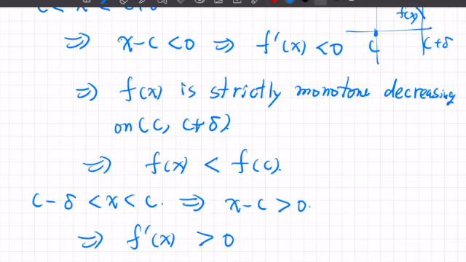And so this means f of x is strictly monotone increasing on this interval.